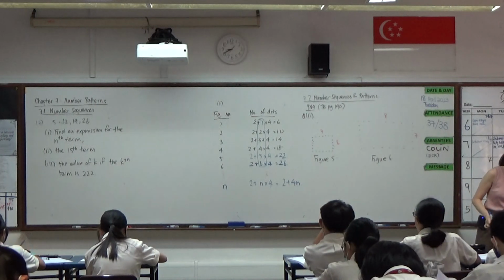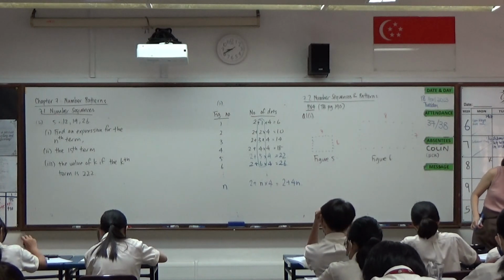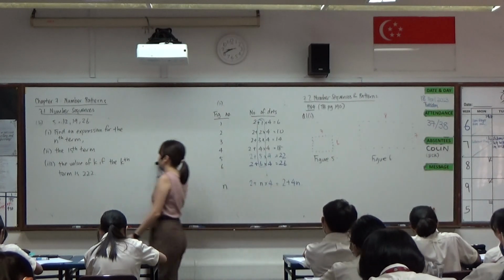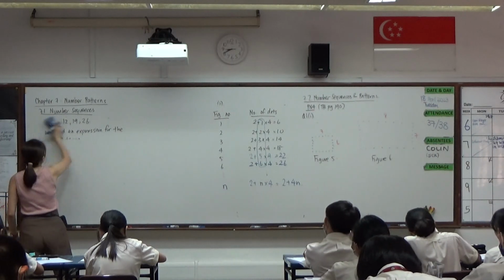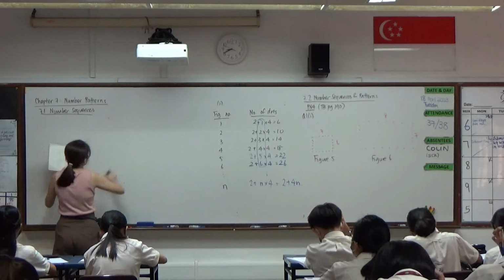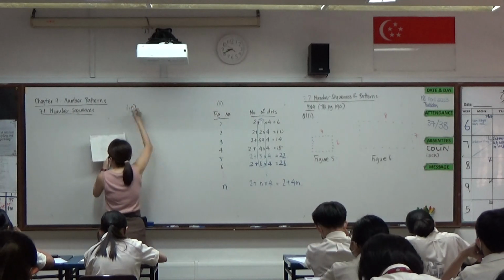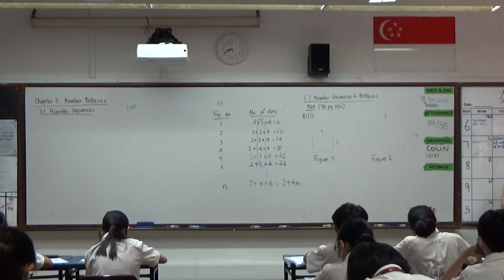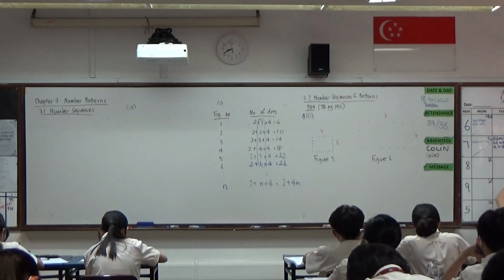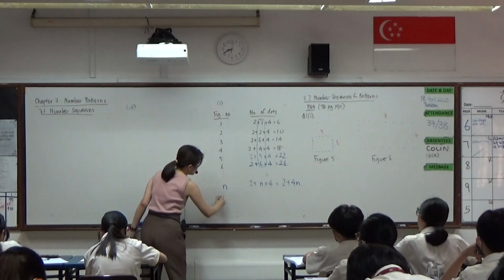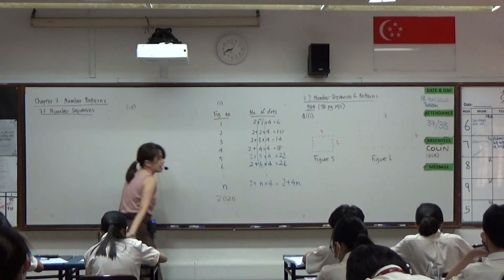Alright? Okay, then part 3 of the question. Part 3 asks to find the number of dots in the 2020th figure. That means following this, we want to know 2020, what is the answer?